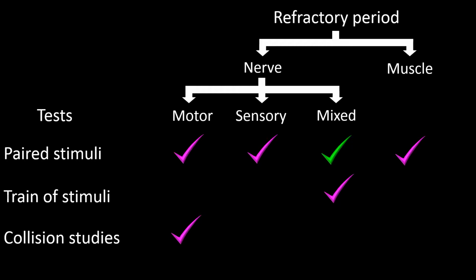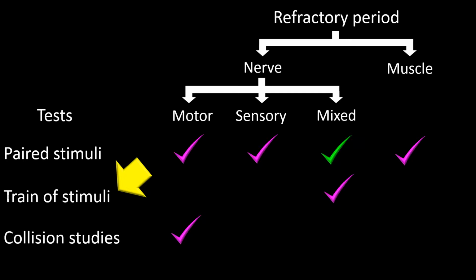Of all these tests, pair stimuli using mixed nerve is the most useful clinically, but is still only used on rare occasions. Train of stimuli is based on the pathological nerve dropping in amplitude and increasing in latency at lower rate of stimulation than a healthy one.